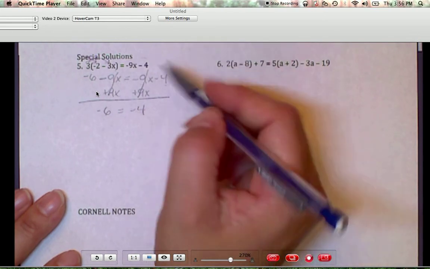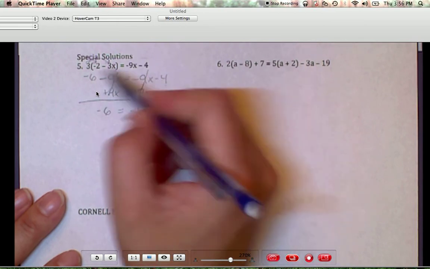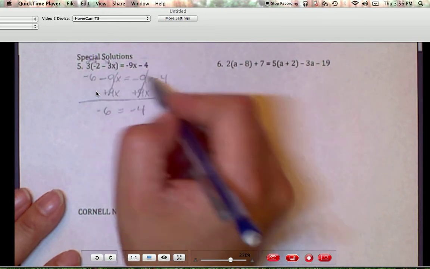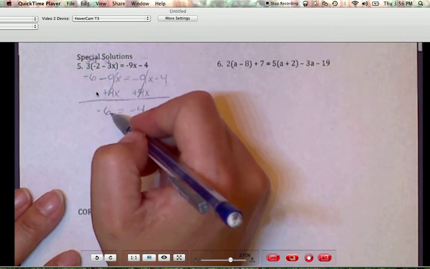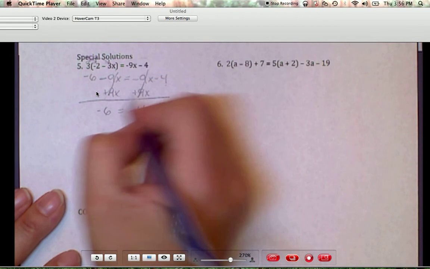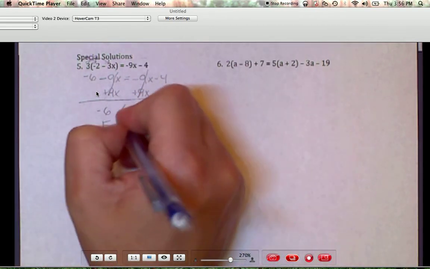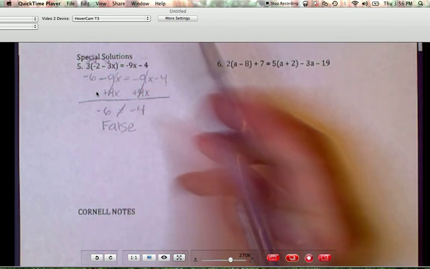So what this means is that it does not matter what x is in this problem. You could pick any number to plug in for x here, and they're going to drop out every single time and give you negative 6 equals negative 4, which is, of course, a false statement. Negative 6 does not equal negative 4. So think about it this way. How can I get this to work?